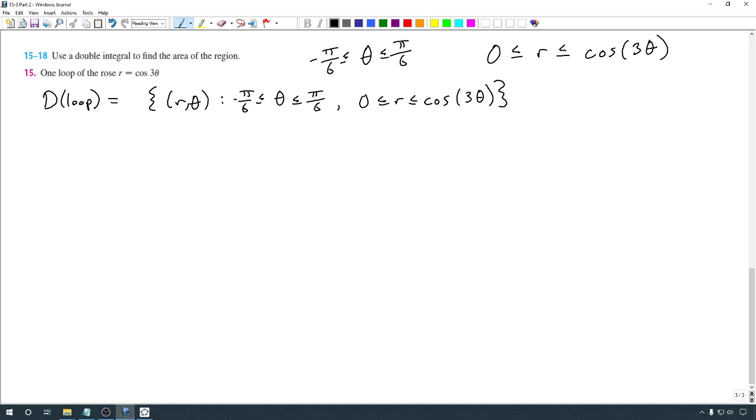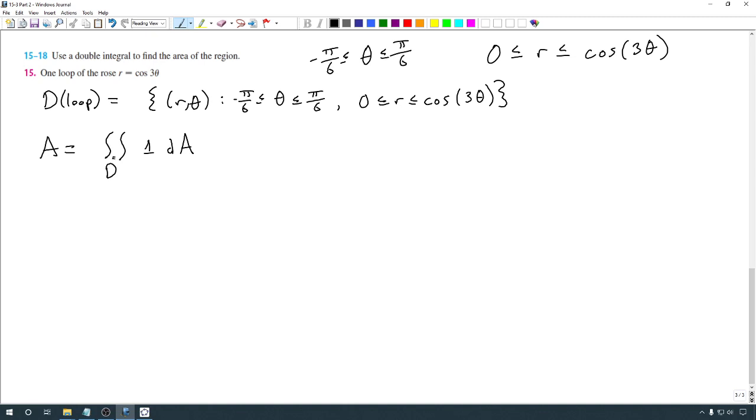Now, why are we talking about areas, though? Aren't we really talking about volumes when we're doing double integrals? Well, one trick is to look at the double integral over our domain D of the number 1.